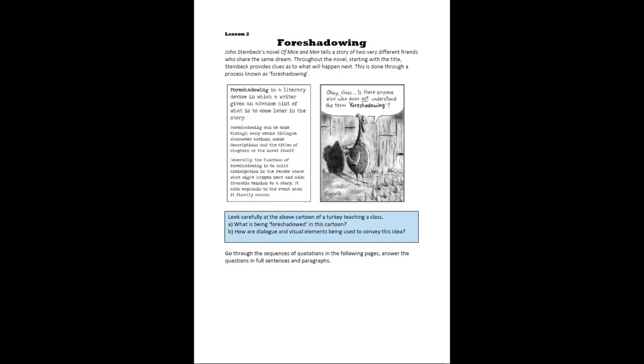Just that link to the title there, as I mentioned in Monday's lesson, the title is Of Mice and Men, which is a part of a line from a very famous poem called To a Mouse by a Scottish poet called Robbie Burns. And the line actually reads, "The best laid plans of mice and men aft gang agly." Now, he wrote in an old Scottish dialect, and basically that line means the best laid plans of mice and men often go awry, or often fail.